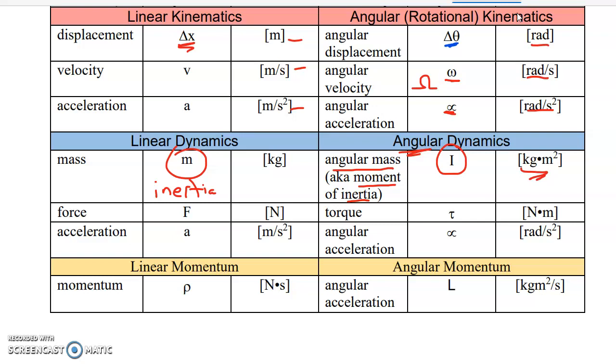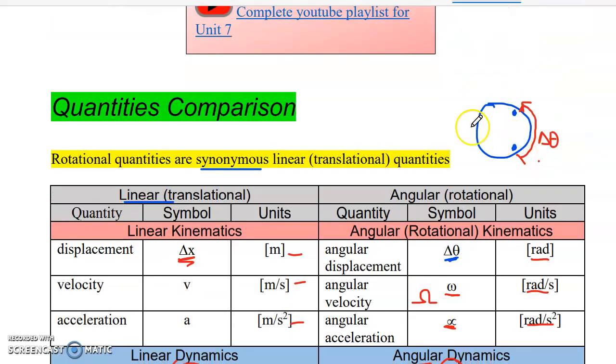To make a mass accelerate, we need to apply a force. In similar fashion, for a rotating object to have some angular acceleration alpha, we need to apply what's called a torque.